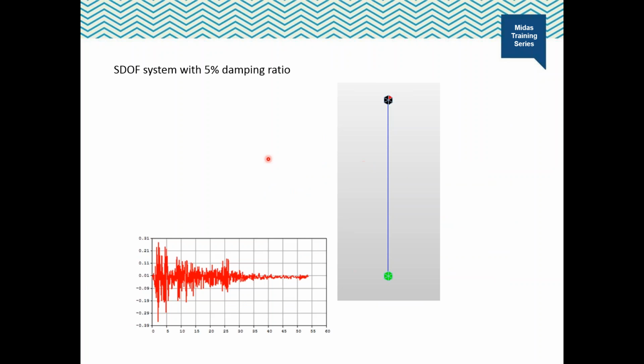In order to apply Fourier Transform in Midas, we apply the ground acceleration to the structure and generate acceleration graph for the fixed support.